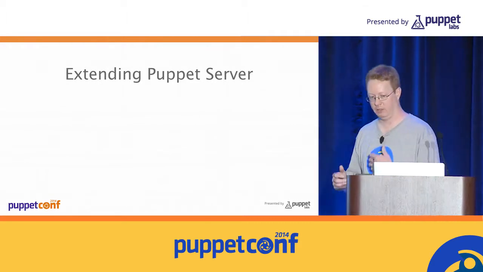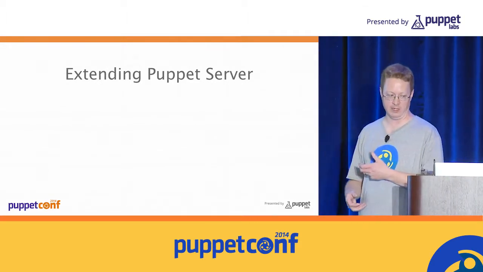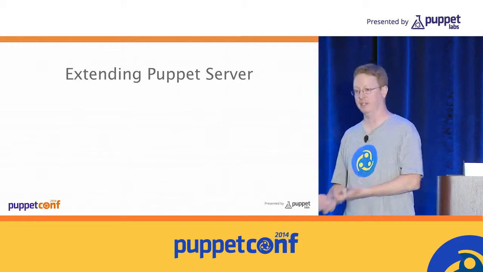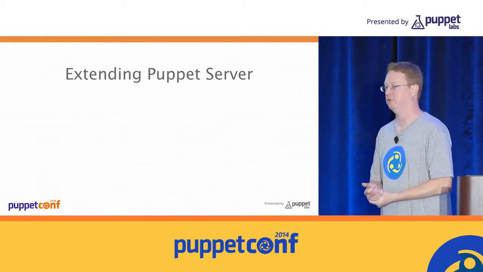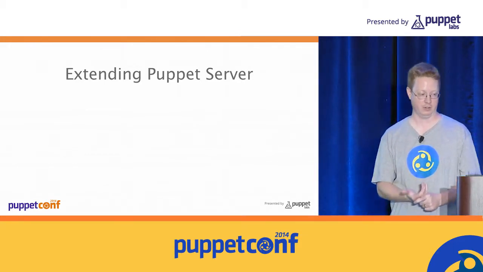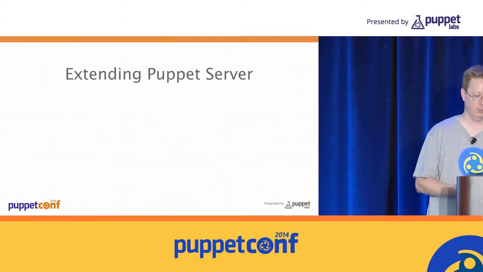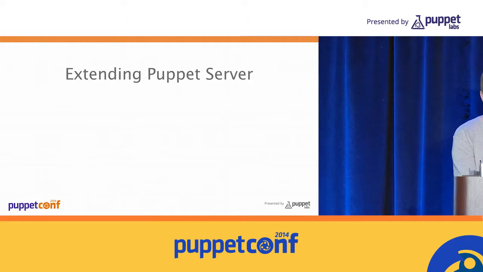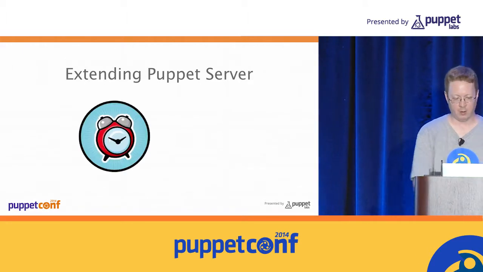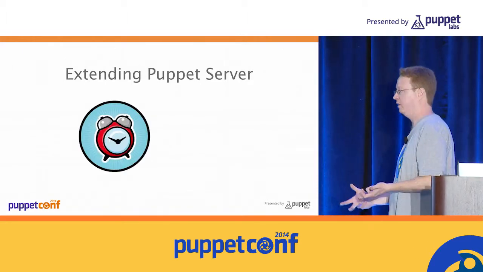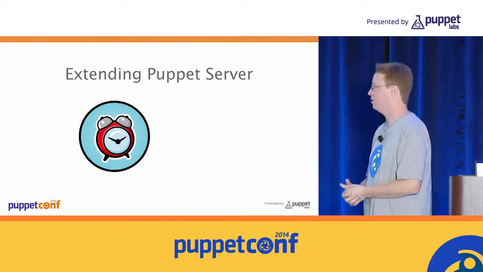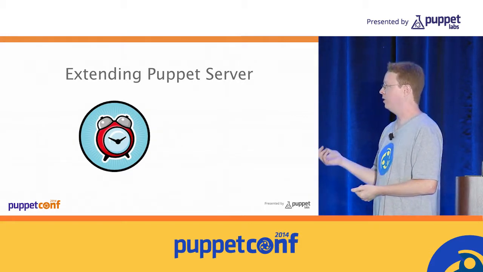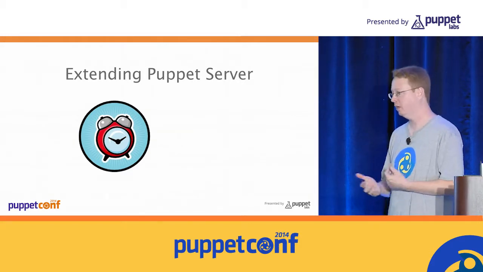So I talked about the metric service as being our first major extension of Puppet Server to take advantage of some of the new capabilities that we have in this architecture. I wanted to also talk really quickly about some other ones that we are thinking about for the future. Now that we have these threads that we can run in the background to use as extension points, we're going to be able to start doing things like scheduling.